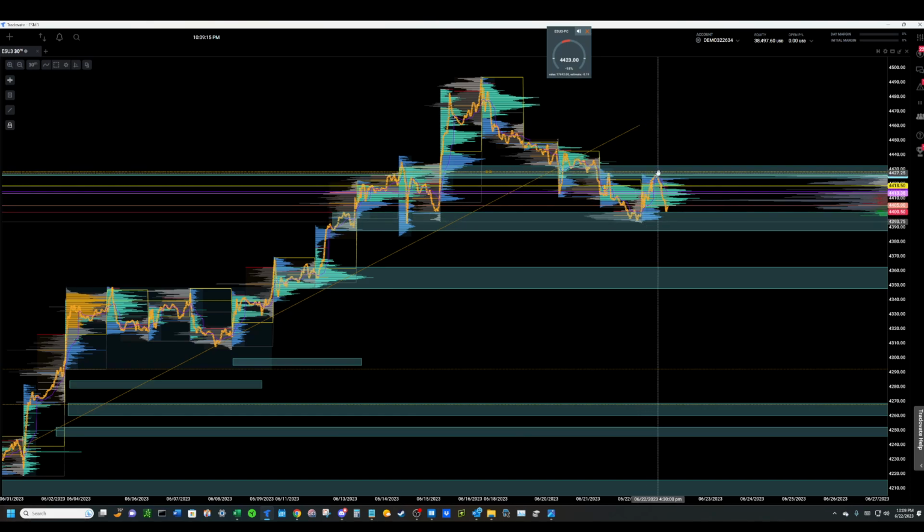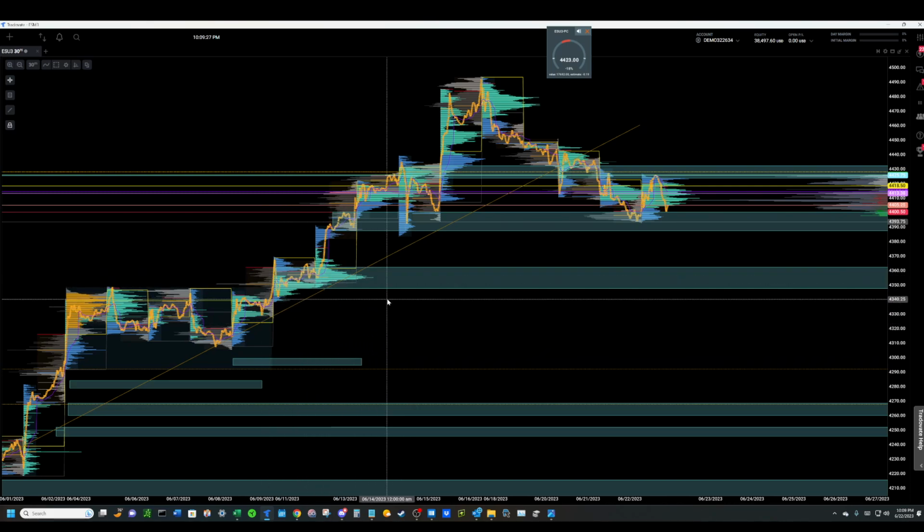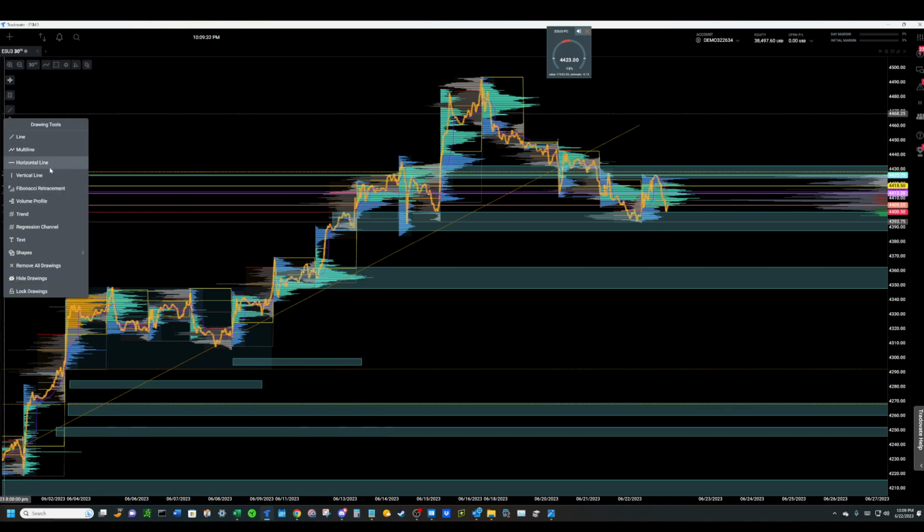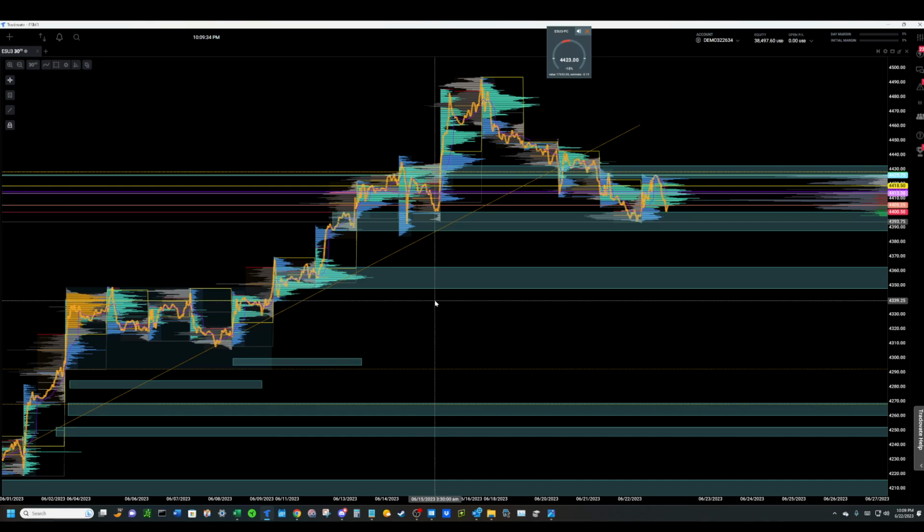And we're seeing how this keeps going down. Well, it tested up, and then it's sitting on top of this small amount of volume here. But then really the next area with more volume is down here.